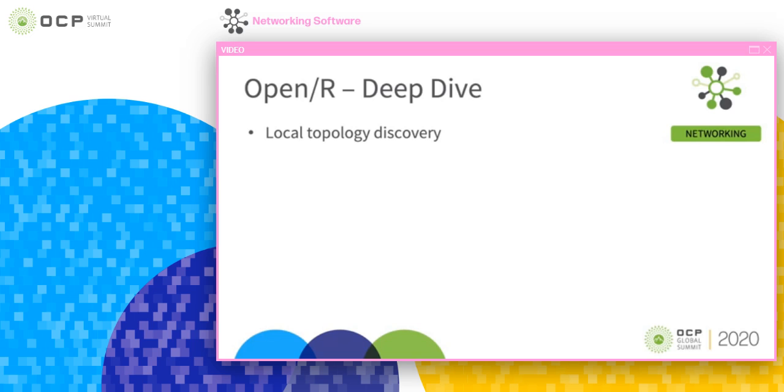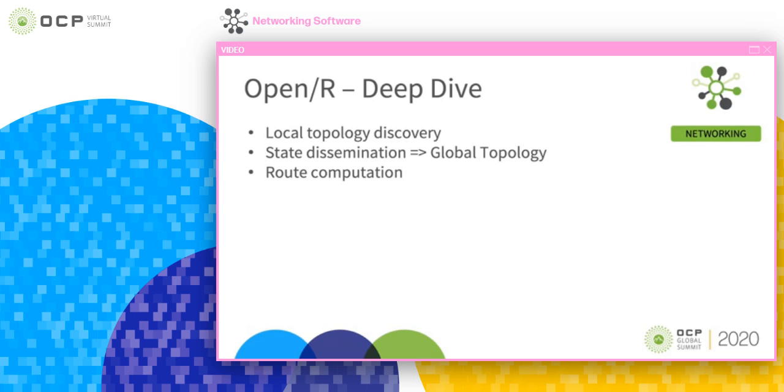That means a local neighbor discovery, very similar to LLDP neighbors. Once the neighbors are discovered, this information needs to be disseminated across the network so that all the nodes in the network know about the neighbors of all other nodes in the network. That means they know about the global topology.